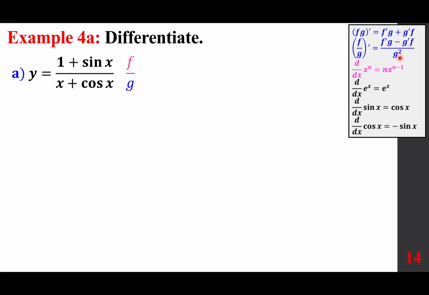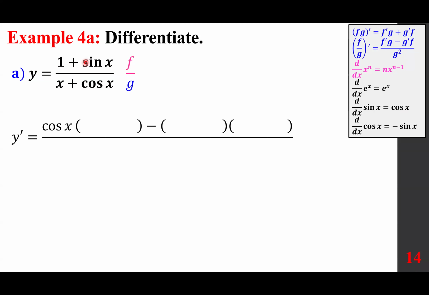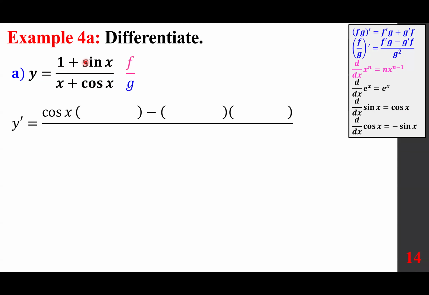So we're going to start with f prime. The derivative of 1 is 0, and the derivative of sine is cosine. So we put cosine x times g, just the denominator, x plus cosine x. Minus g prime f, that means differentiate the g.